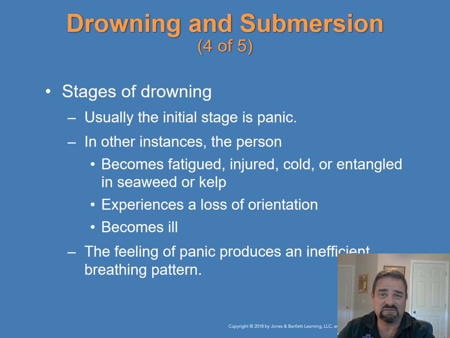All right, so the stages of drowning. The process of drowning progresses through several stages. Usually the initial stage is panic as the person realizes that something is wrong. In other instances, the person becomes fatigued, injured, cold, or entangled in seaweed or kelp. Then they experience a loss of orientation. They become ill because of this, and then they begin a feeling of panic that produces inefficient breathing patterns.